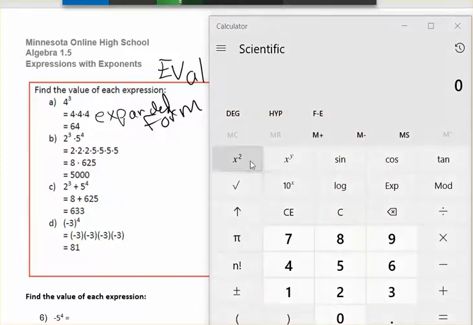So we have this key right here is the one that I want, x to the y power. So I type in the 4, and then I click on the x to the y power, and you can see up here it's showing exponent. And then I need the 3. So 4 to the 3rd power, and then the equal sign. And it is indeed 64.